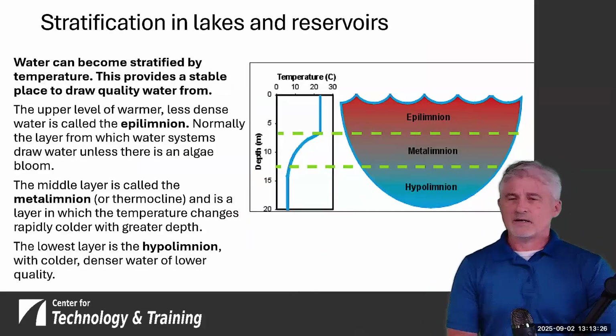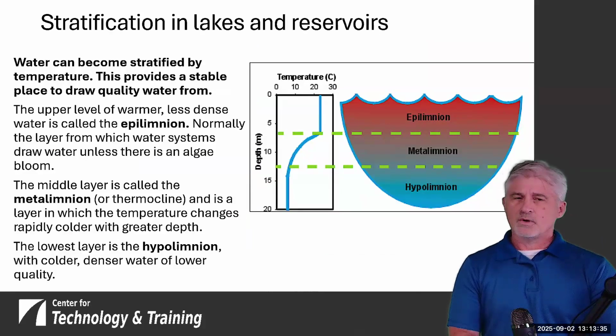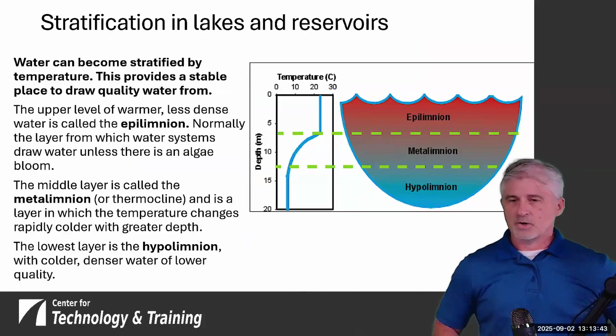So an important thing to consider when we're looking at source water or surface water sources is the idea of stratification. We've got a water body, and the temperature changes.